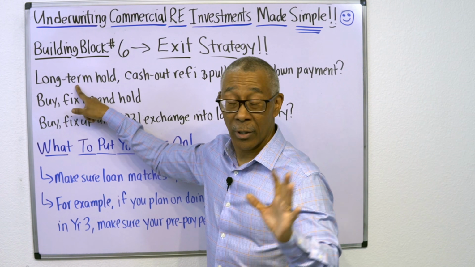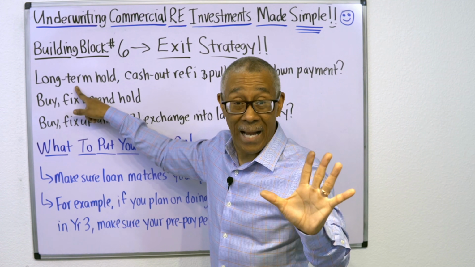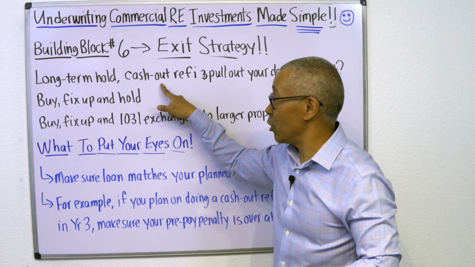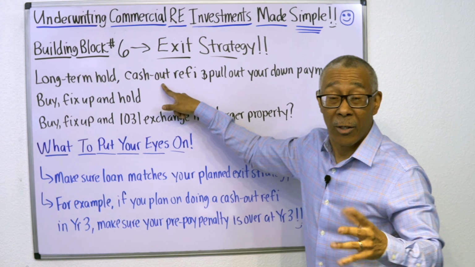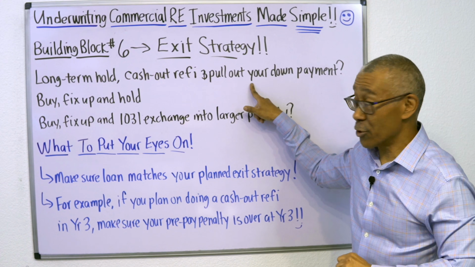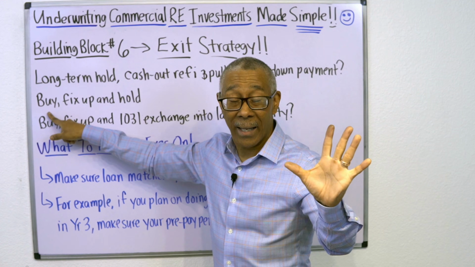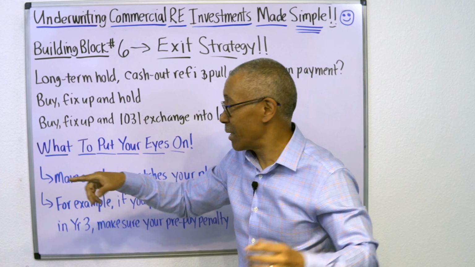Let's say you want to buy the property and hold it long term. That's an exit strategy. Let's say that you wanted to buy it and by year 3 you wanted to do a cash out refinance and pull out your down payment. That's an exit strategy. How about if you buy it, fix it up, and then hold it long term? That's an exit strategy. And how about this one here?